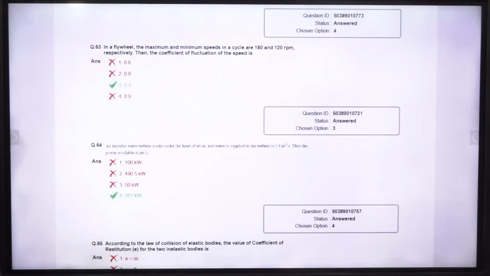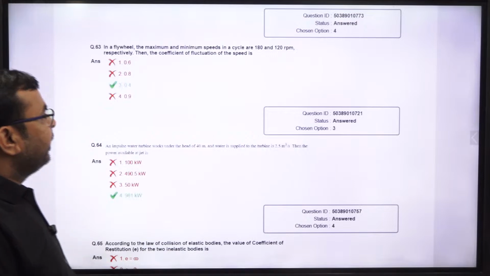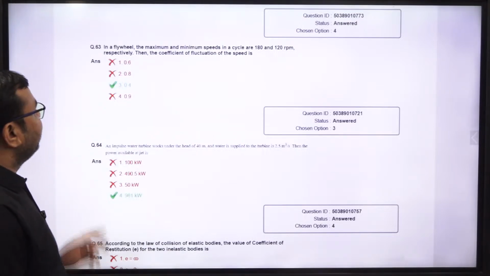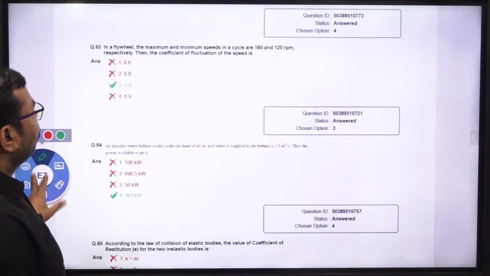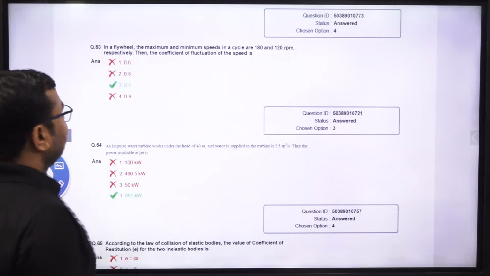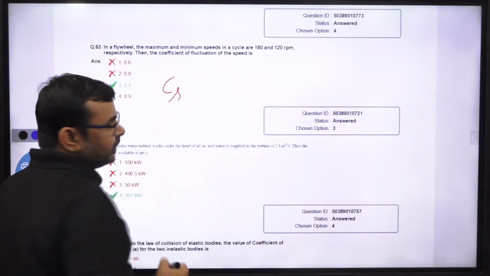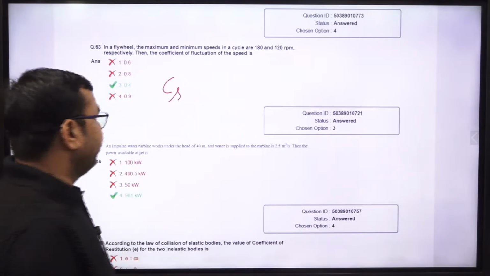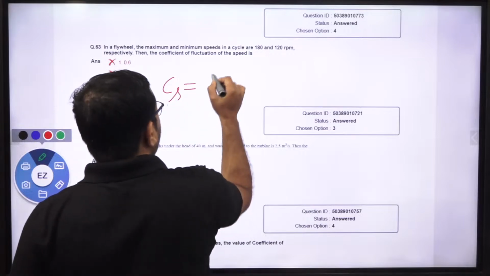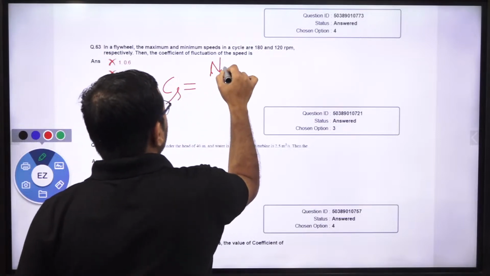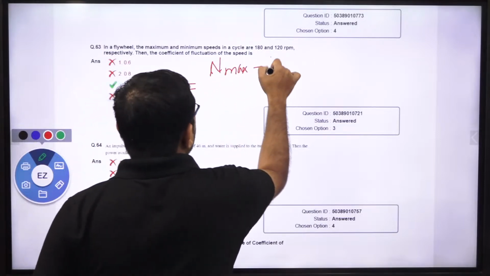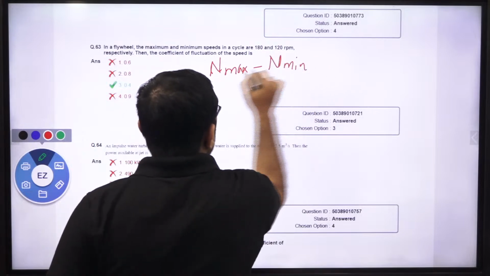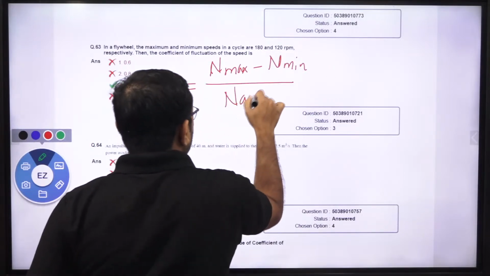In a flywheel, the maximum and minimum speed in a cycle are 180 and 120 rpm respectively. Then the coefficient of fluctuation of speed is? We need to calculate CFS, the coefficient of fluctuation of speed. It can be written as maximum speed minus minimum speed over average speed.